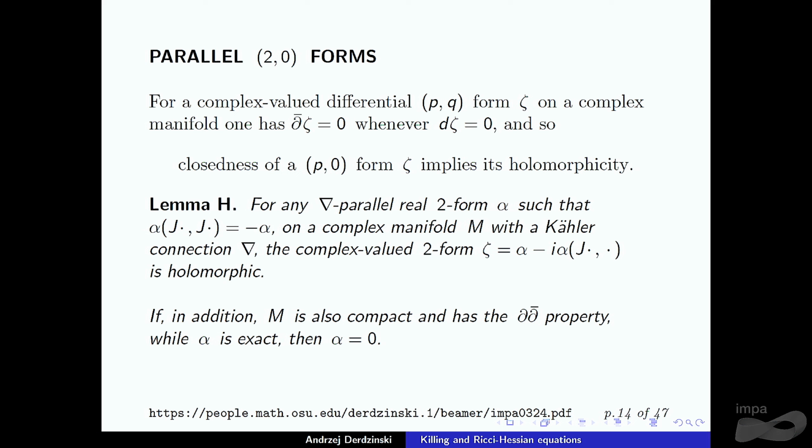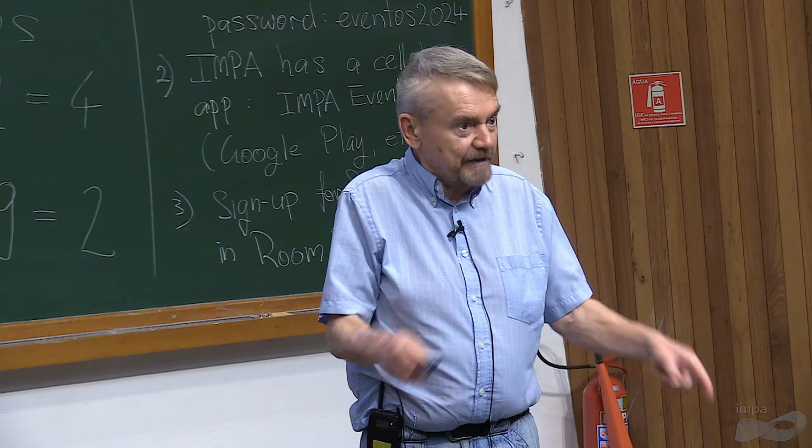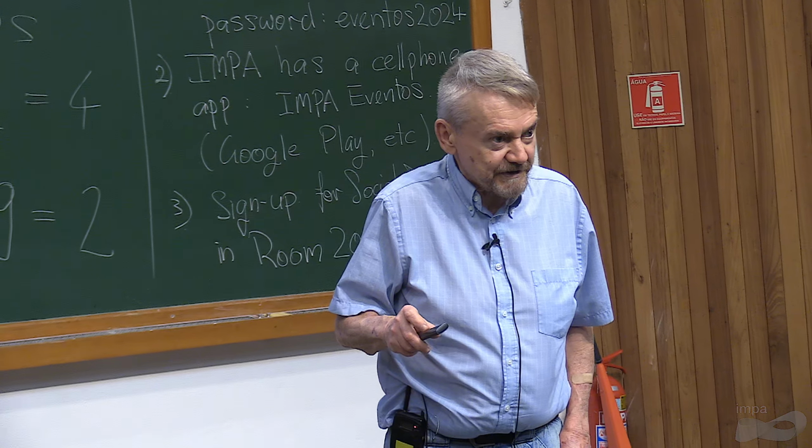Its imaginary part is exact, trivial in cohomology. I zeta is real. However, I zeta is of type (2,0), and being real, it is equal to the conjugate of its (0,2) component, and that component is 0. This is a form of type (2,0). And we conclude that this form is 0 from the reality criterion associated with the Hodge decomposition.